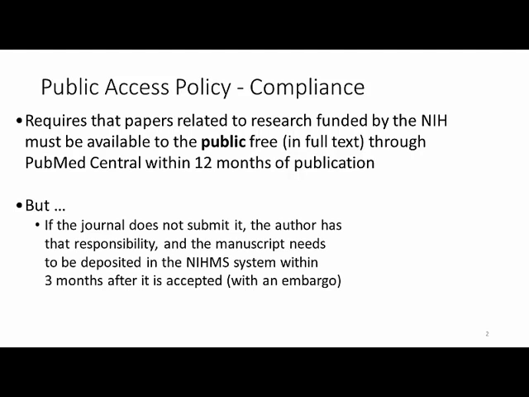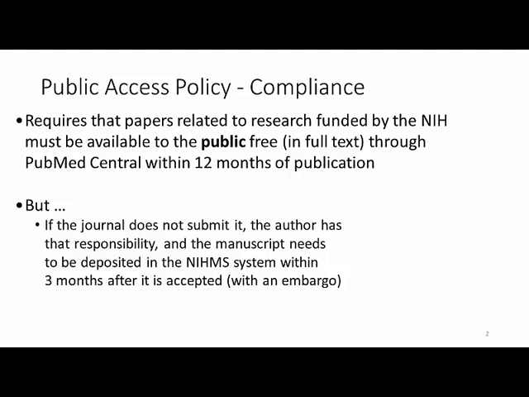However, a couple of years ago, they made it a little more stringent: if the author is going to have to submit the manuscript themselves, it has to be done within 3 months after the journal accepted it. They don't want people to wait 12 months.